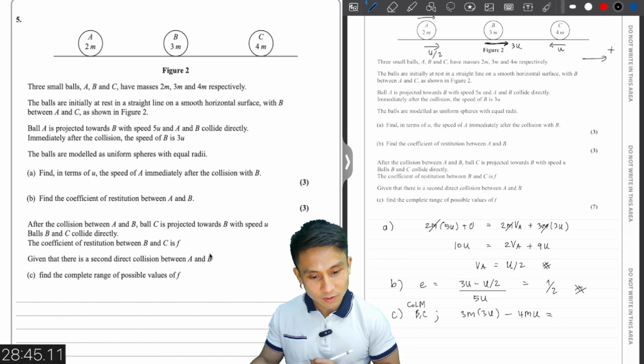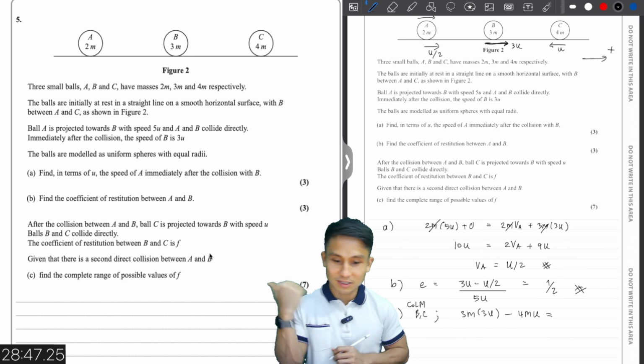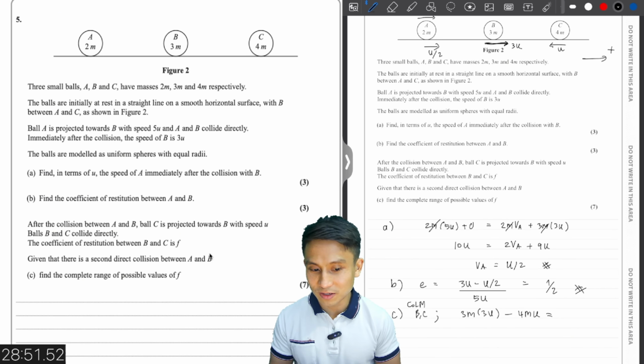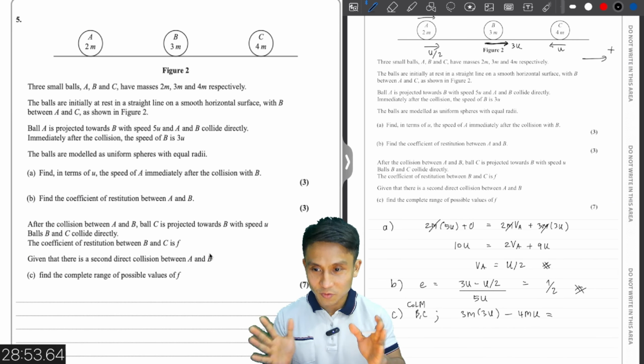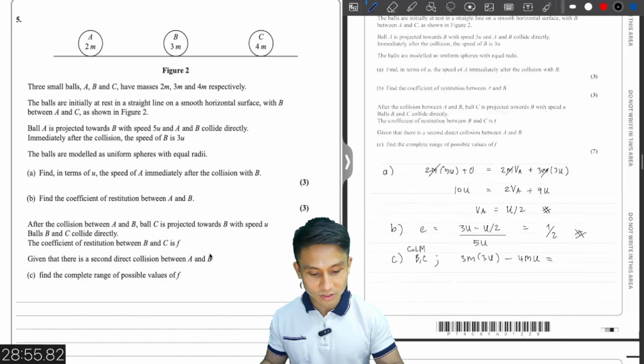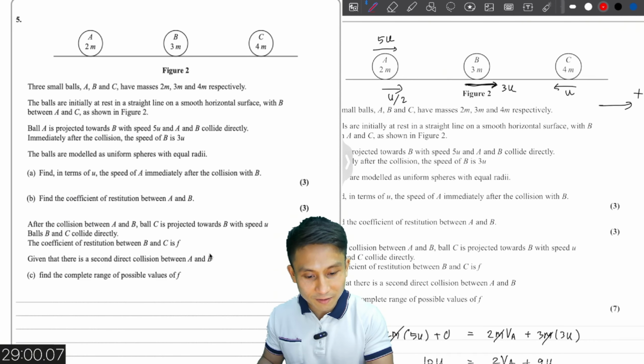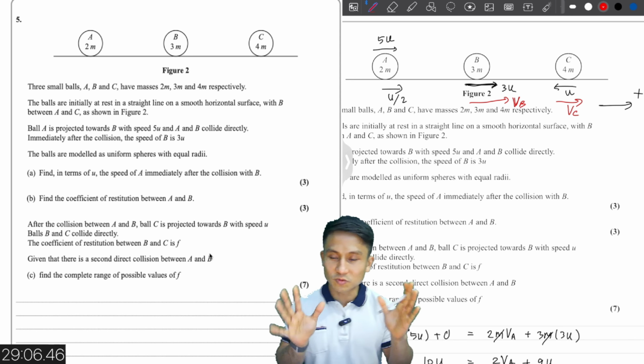Equals, well, we don't know anything yet, but we know that the speed of B will be to the left. Do we know the speed of C? We have the coefficient of restitution is f. We're just going to assume that after the collision they go VB and VC. We shouldn't confuse the direction.